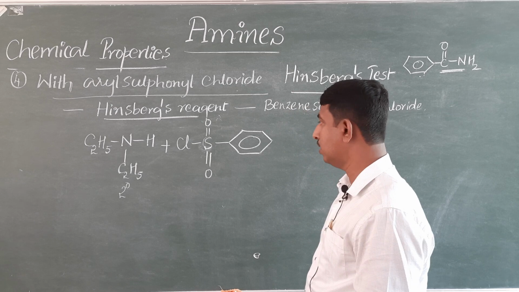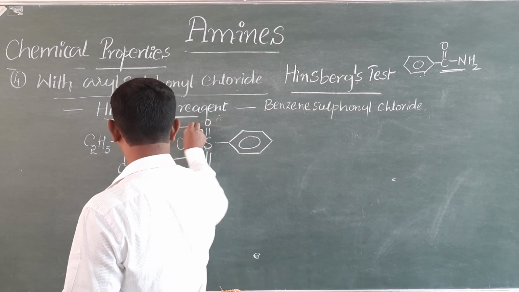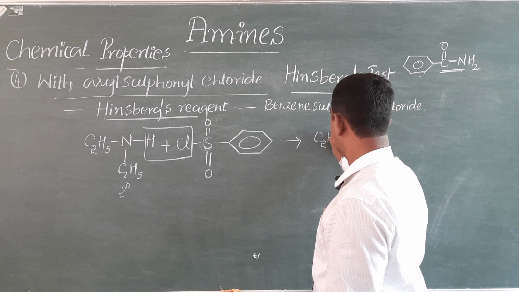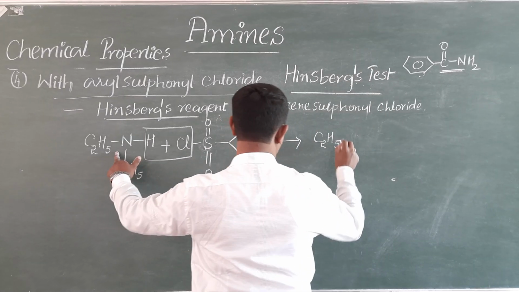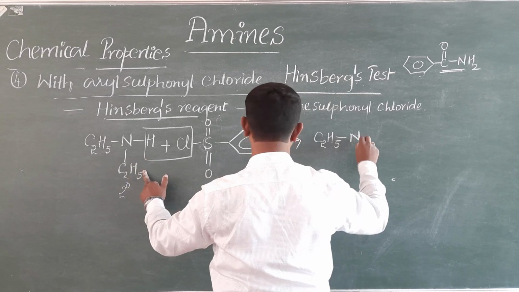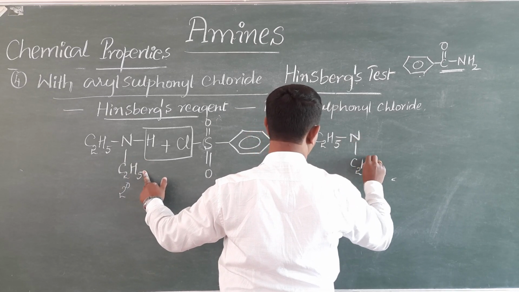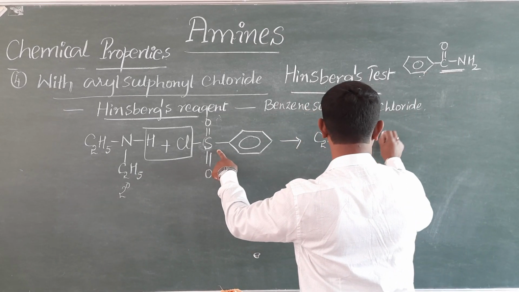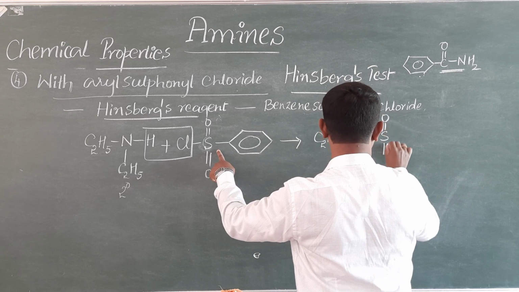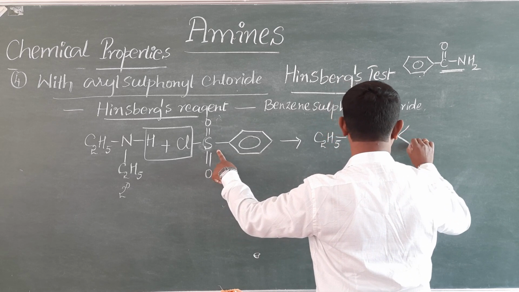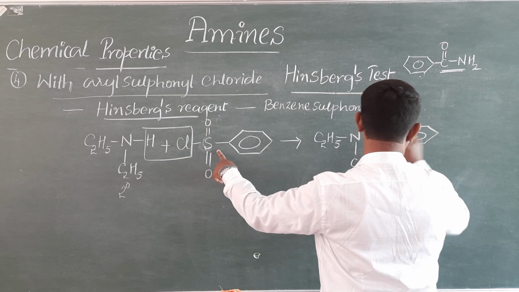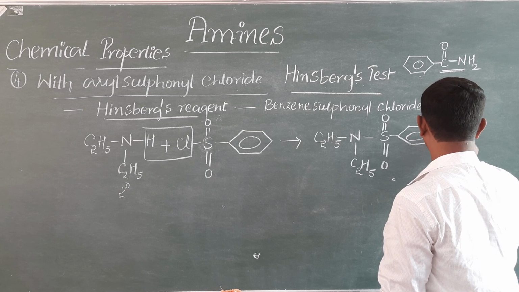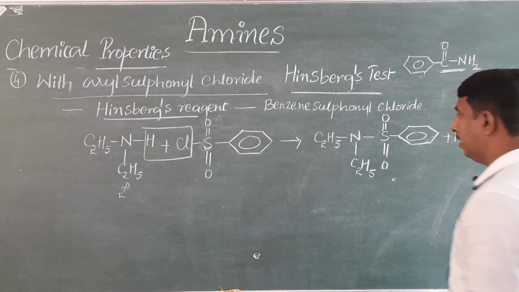This is benzene sulfonyl chloride. With removal of HCl, the product obtained is C2H5, then N, again C2H5, next S double bond O, benzene ring, plus HCl.